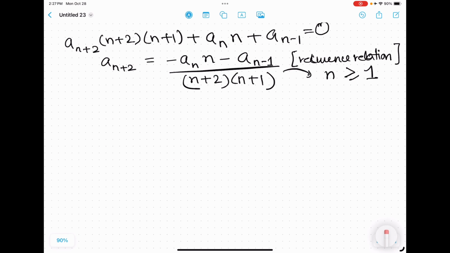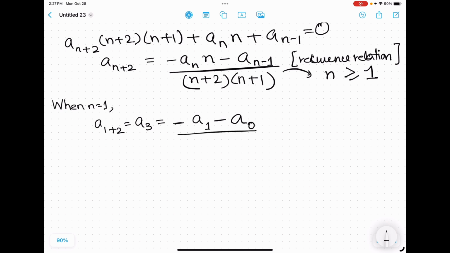For n equals 1, I have a sub 1 plus 2, which is a sub 3, equals negative a sub 1 times 1, which is just 1, minus a sub 1 minus 1, which is a 0, divided by 1 plus 2 times 1 plus 1.